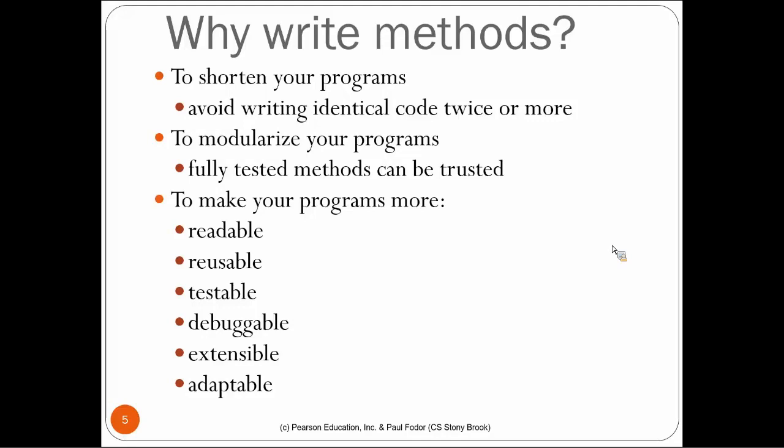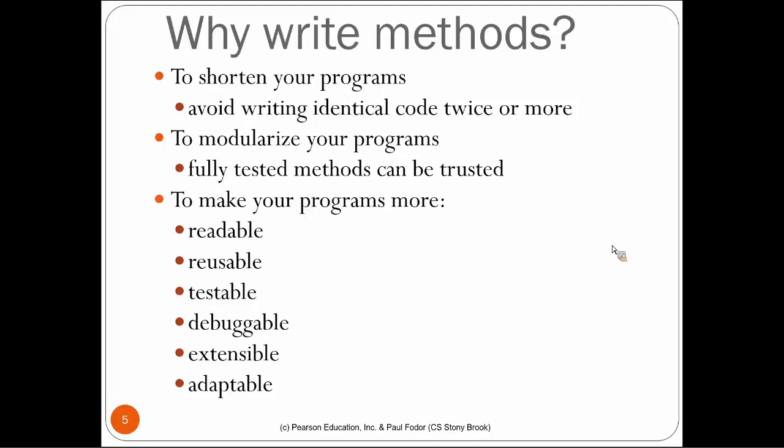In fact, almost 50% of errors that occur in computer programs are because of copying code from other locations without completely correcting it. So the rule of thumb of writing methods is, any code that is invoked at least twice, you should create a method for it.